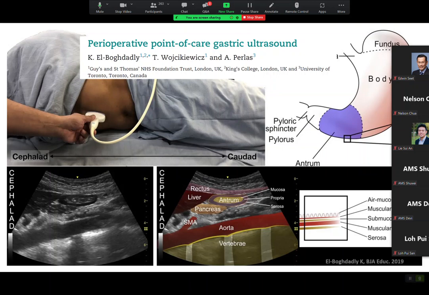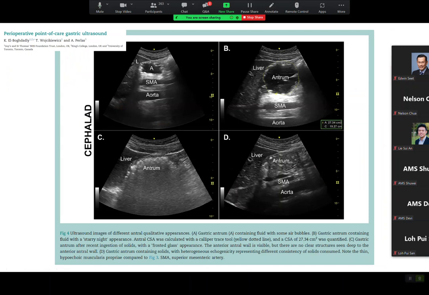So essentially, the scan is done in the right lateral decubitus position, and what we are looking for is the antrum of the stomach. So these are some appearances of an empty stomach on the top left, and the stomach filled with probably some fluid and mixed solid particles.